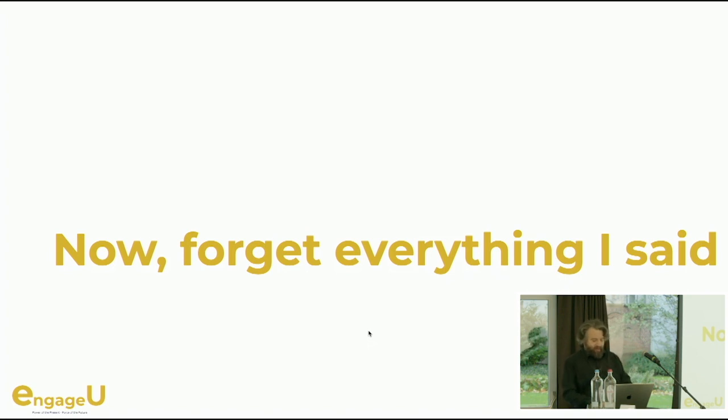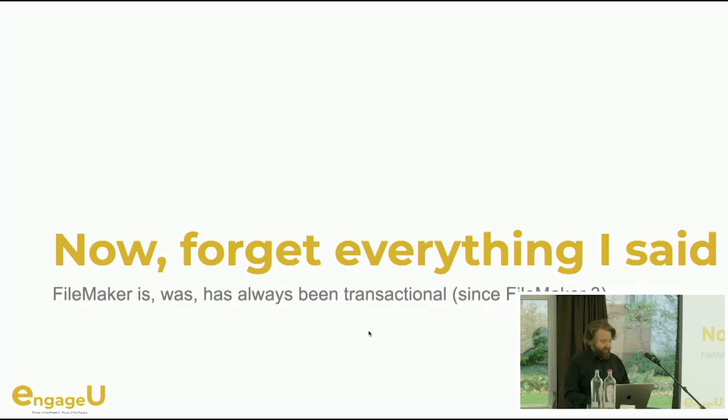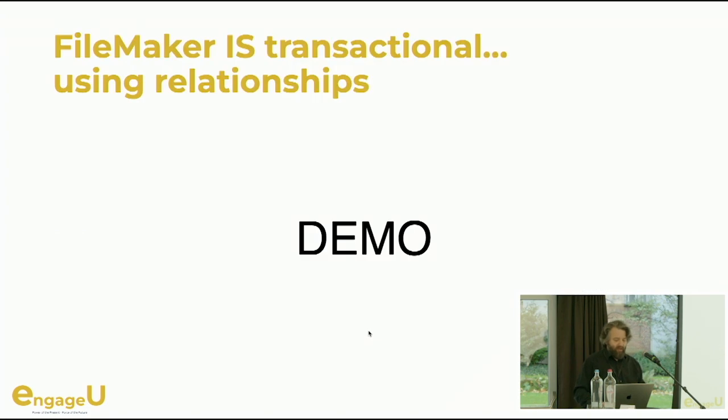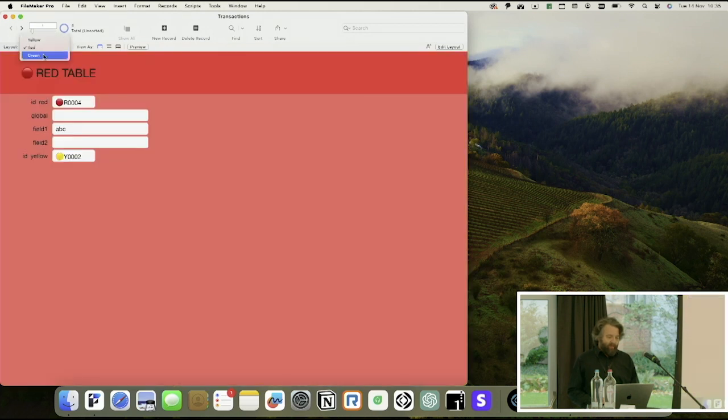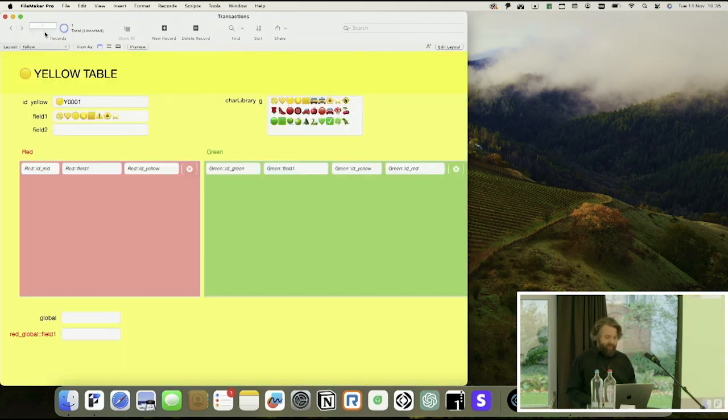So, now forget everything I said: FileMaker was and has always been transactional. And this is where we go to the demo, where I'm using a lot of colors to keep you awake. It's a very simple file, which has three tables: yellow, red, and green.